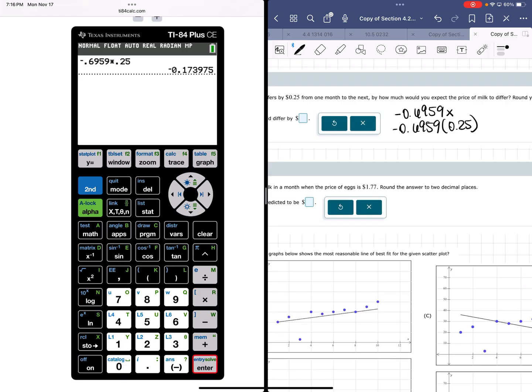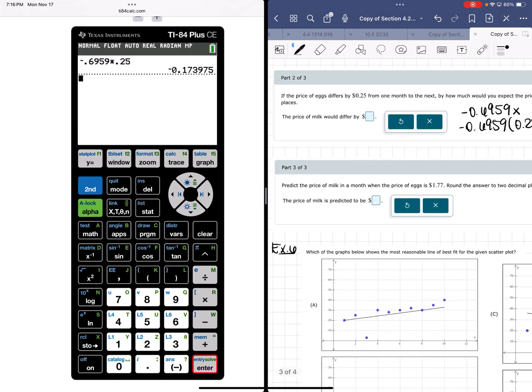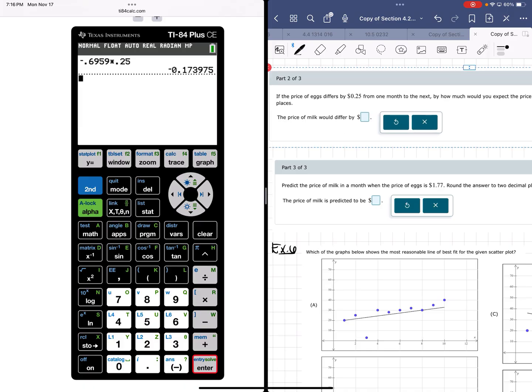Okay? You don't need the negative on there. It's just showing the difference. It might have been higher, it might have been lower. That's what that negative's showing. But it's how much? 17 cents. So we go, it will differ by 17 cents. Now, here's why we can't get a negative answer, guys.